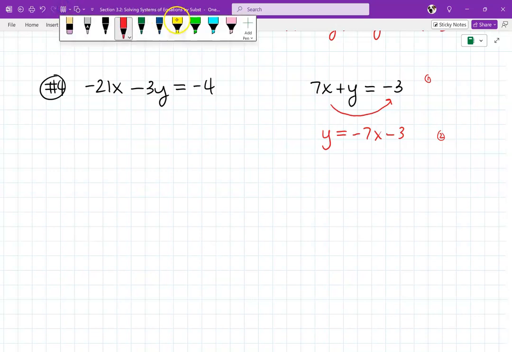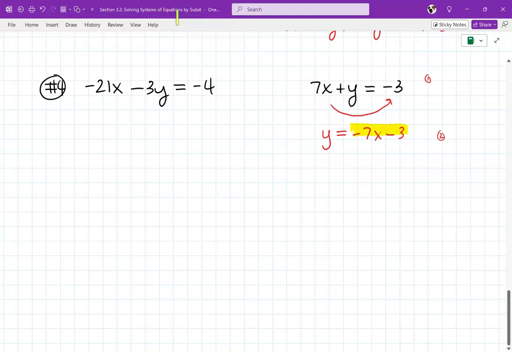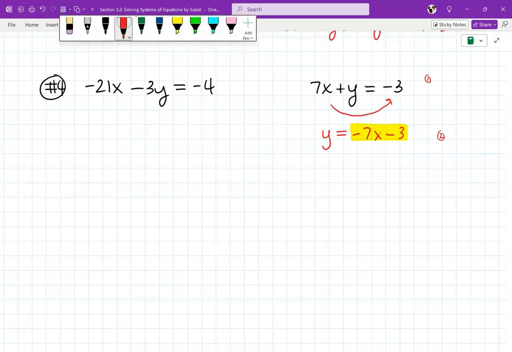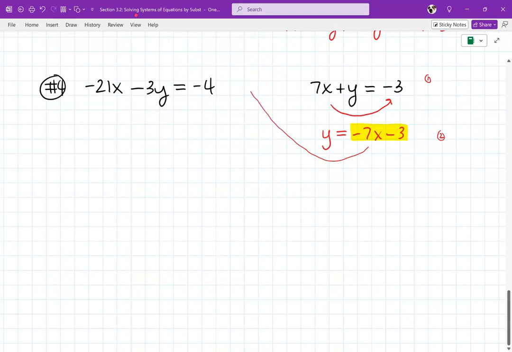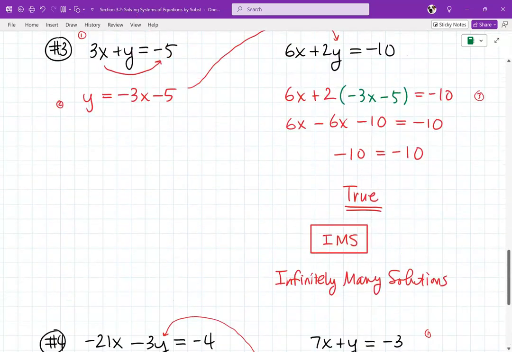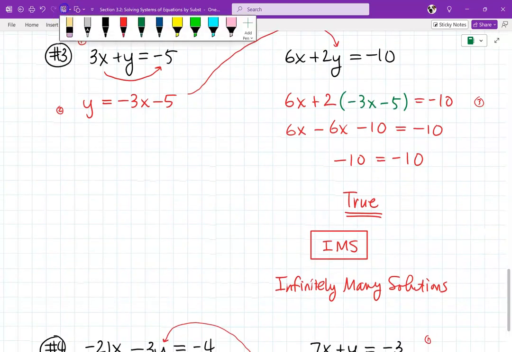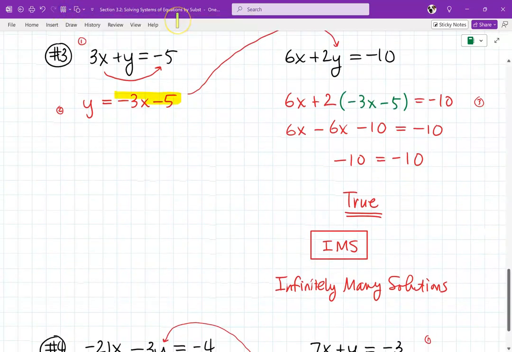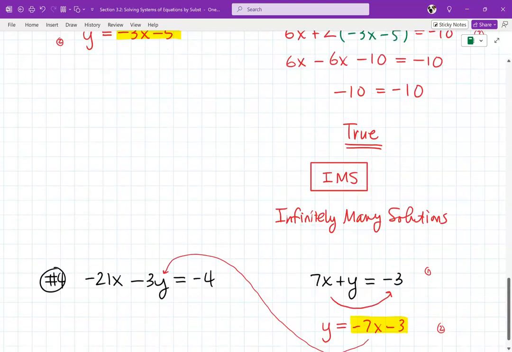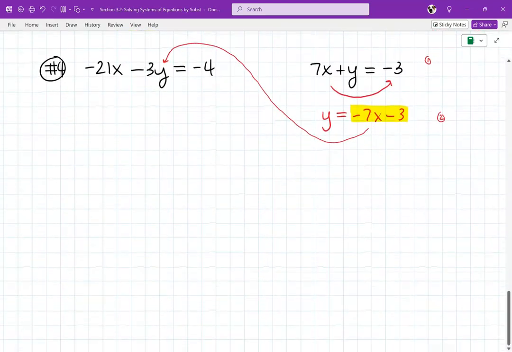Okay? And I'm going to get this negative 7x minus 3, and I'm going to plug it into the other equation, where the y is. By the way, did I highlight that other one? I didn't. Hold on, give me a second. I like to highlight what's being thrown in there. All right, so that's going to go into the other equation, right?